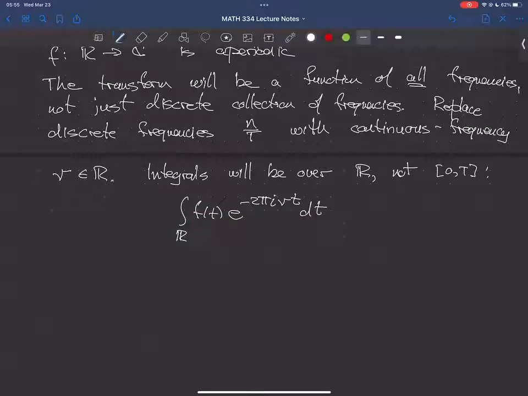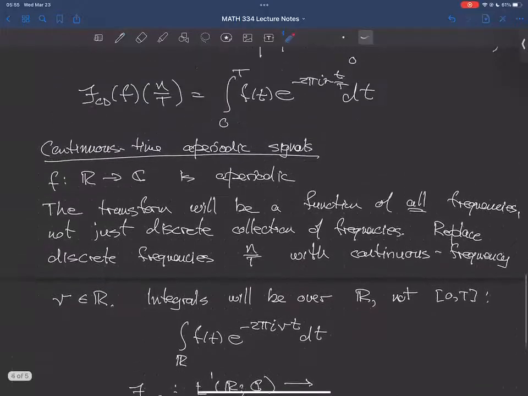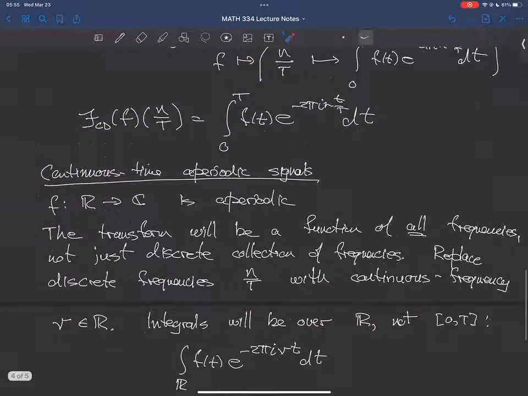Okay, and so we get F_CC of f. Sorry, F_CC is going to be a mapping from L1, and we don't really know that much about the codomain. This thing now is going to be a function of nu. We don't know very much about what kind of function of nu it is. It turns out it'll have some particularly nice properties. It'll be continuous, for example.